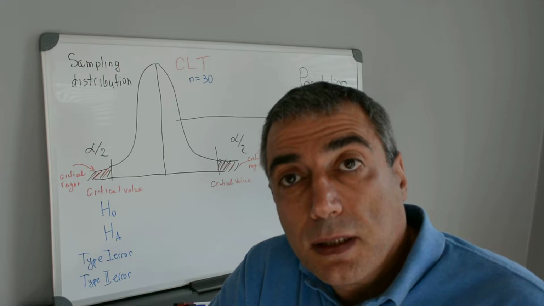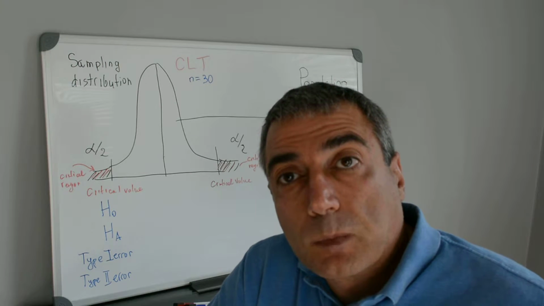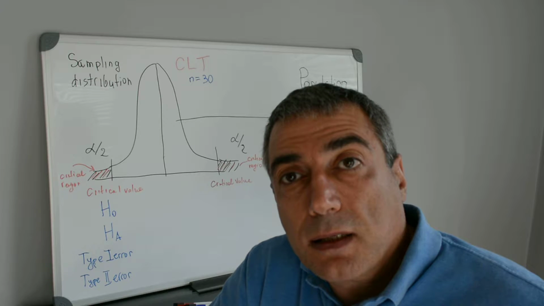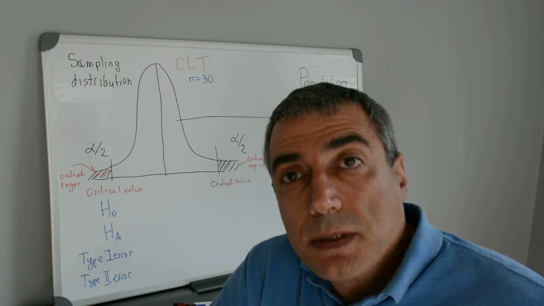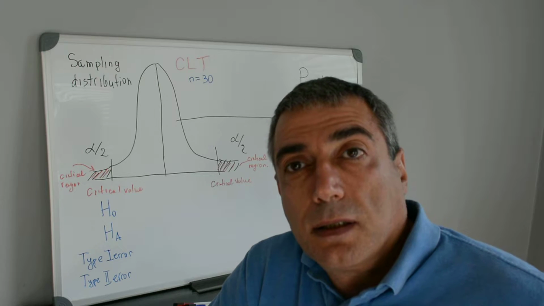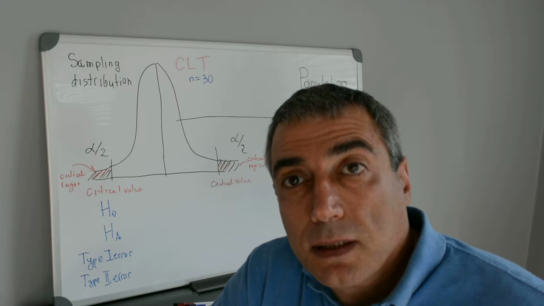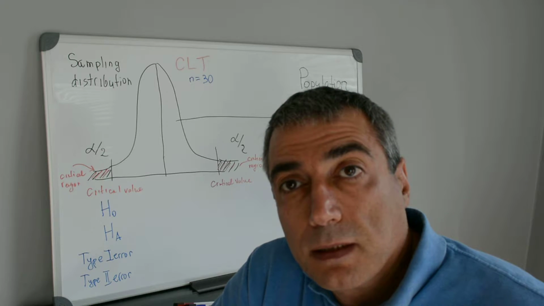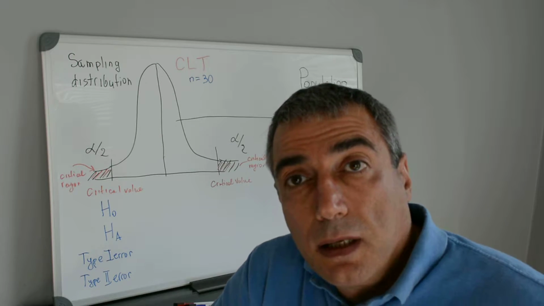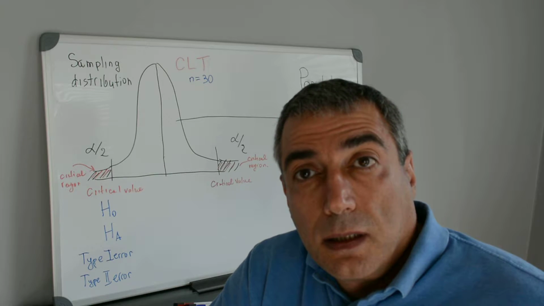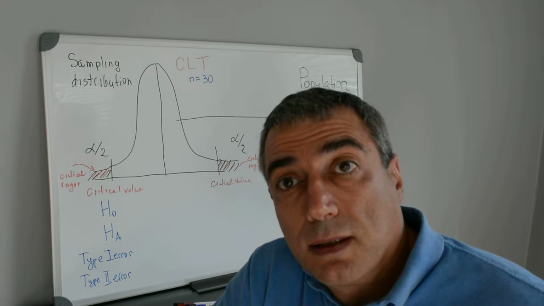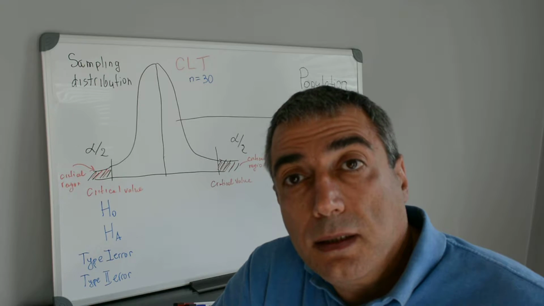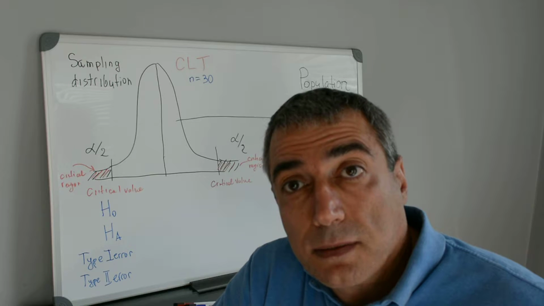Type 1 error is associated with the fact that sometimes we reject the null hypothesis when it's indeed true, and another type of error is that sometimes we fail to reject the null hypothesis when indeed the null hypothesis is false.